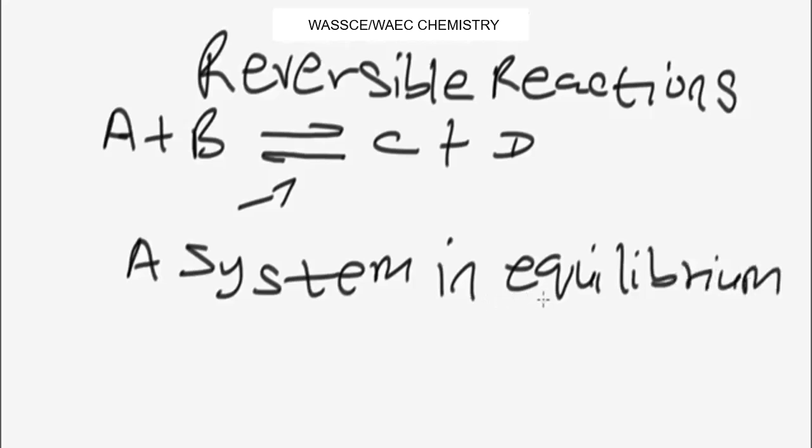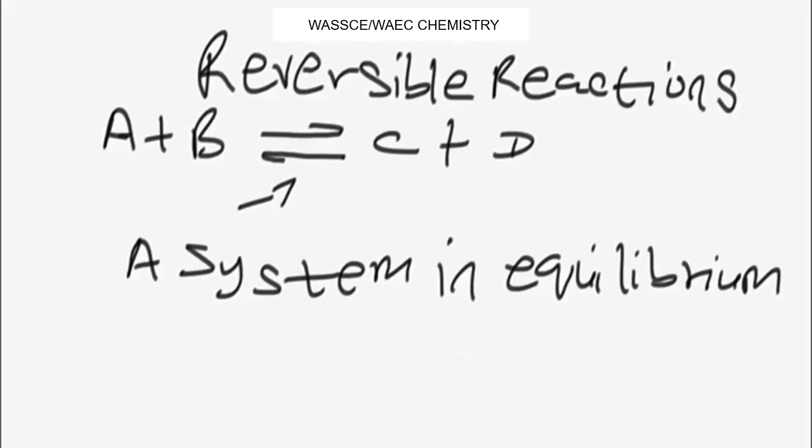The system is said to be in equilibrium when both the forward and backward reactions, I can call it backward or call it reversed reaction, are occurring at the same rate.